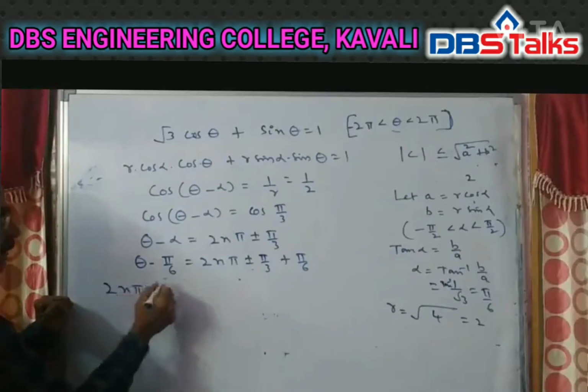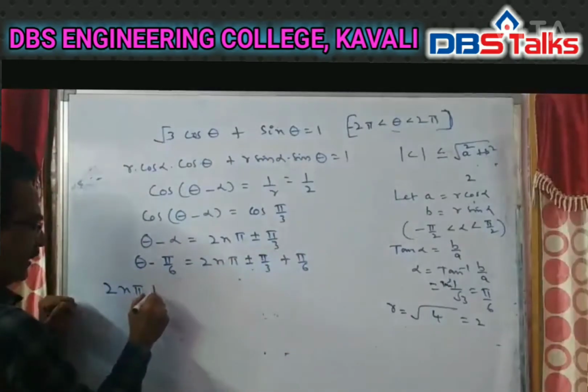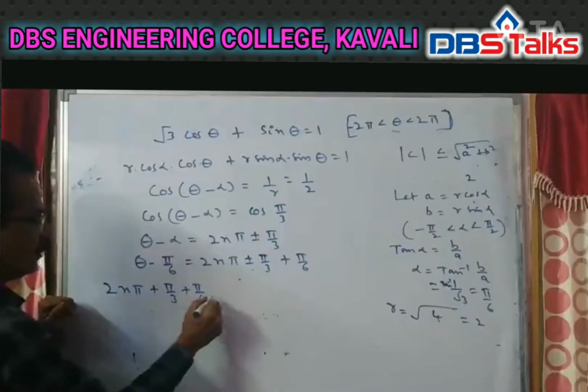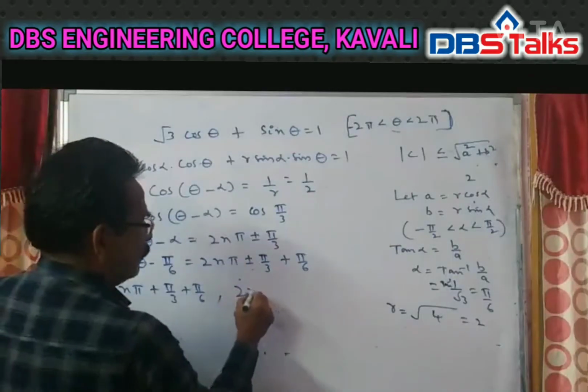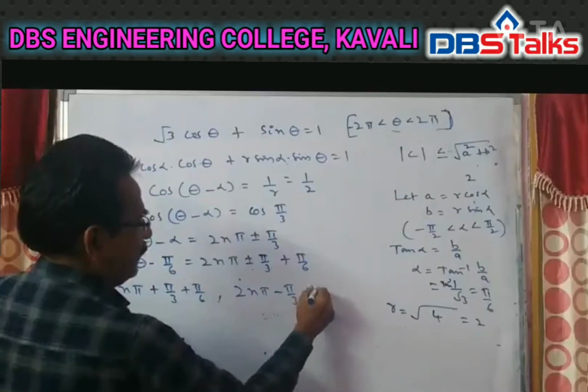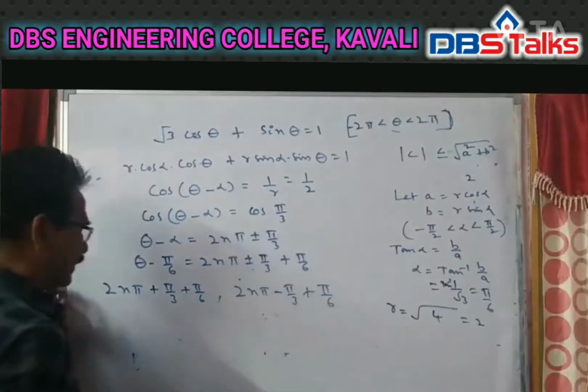2n pi plus pi by 3 plus pi by 6 is one solution. 2n pi minus pi by 3 plus pi by 6 is another solution.